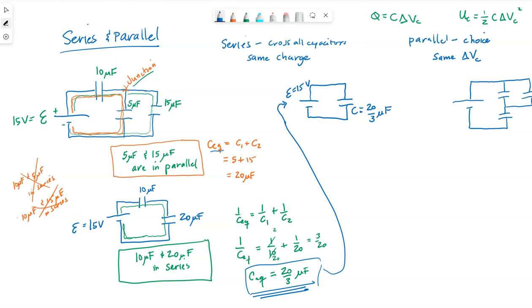But we could also be asked for something like, what are the charge and potential difference across each capacitor?